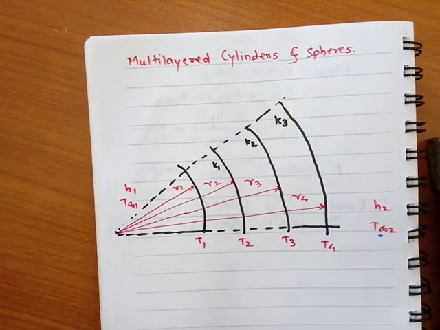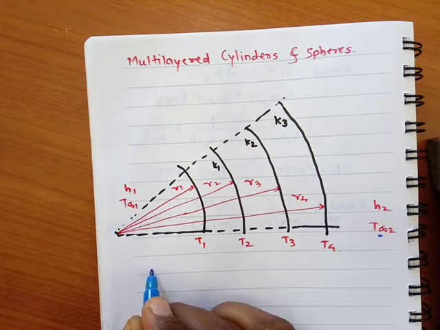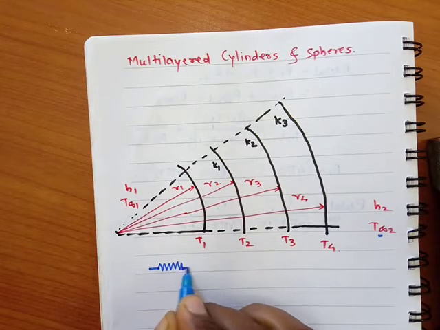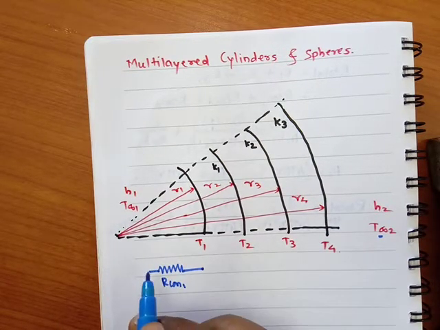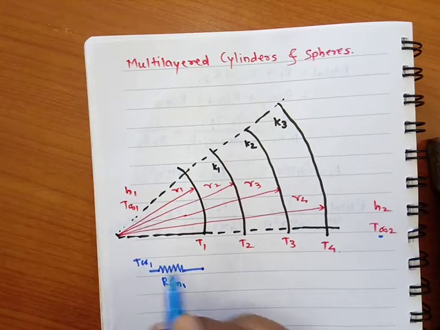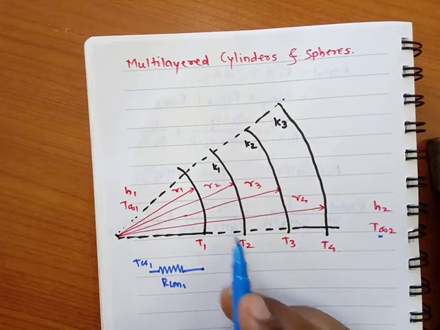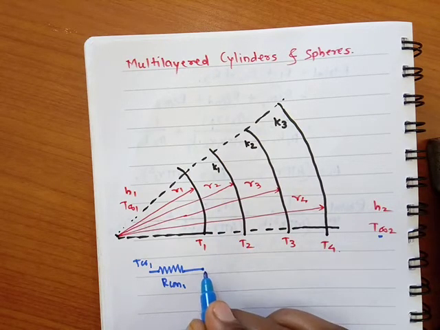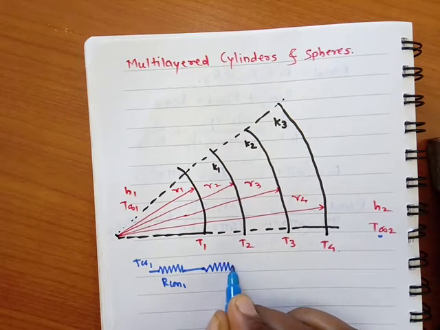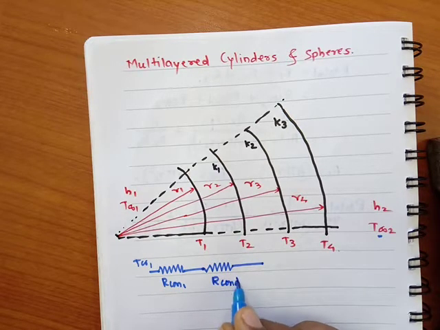Now we'll draw the thermal network. First there is heat transfer by convection, so there is a convection resistance R convection 1 from temperature T infinity 1 to T1. From T1 to T2 there is a solid material, so the heat transfer is by conduction, with R conduction 1.